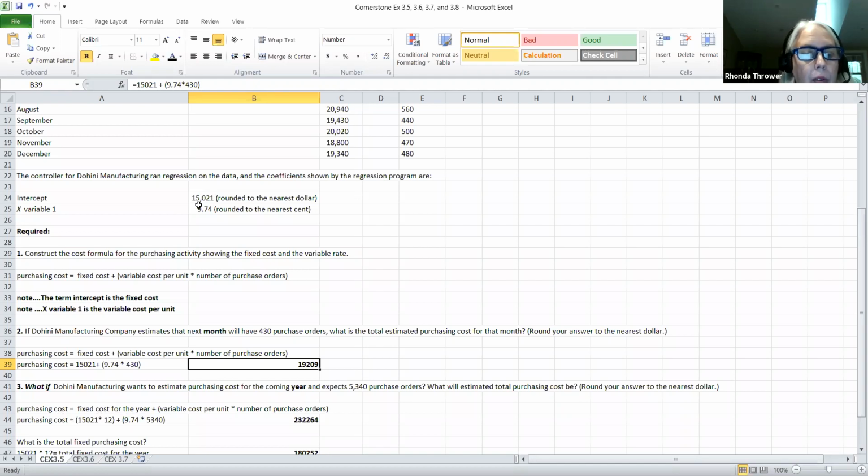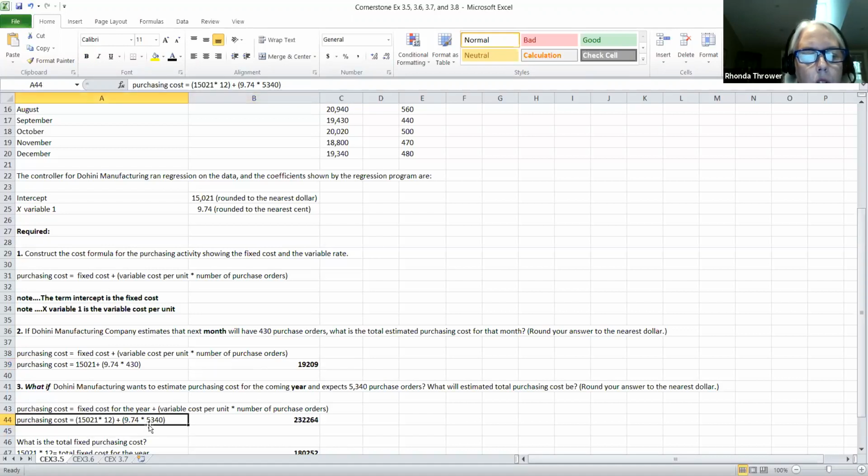So if we need to find the fixed cost for the year, you just have to remember to multiply this by 12 months, and that would give you the total fixed cost for the year, plus the variable cost per unit, which does not change. Remember, your rule for variable cost per unit is that the variable cost per unit remains constant no matter what the level of activity is.